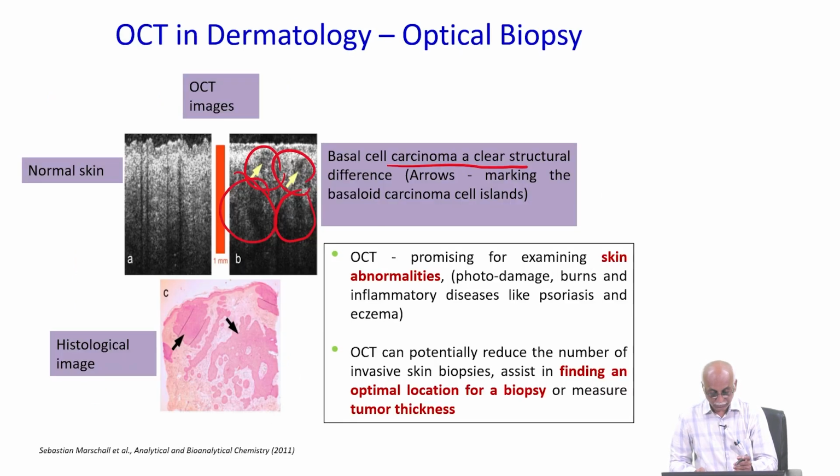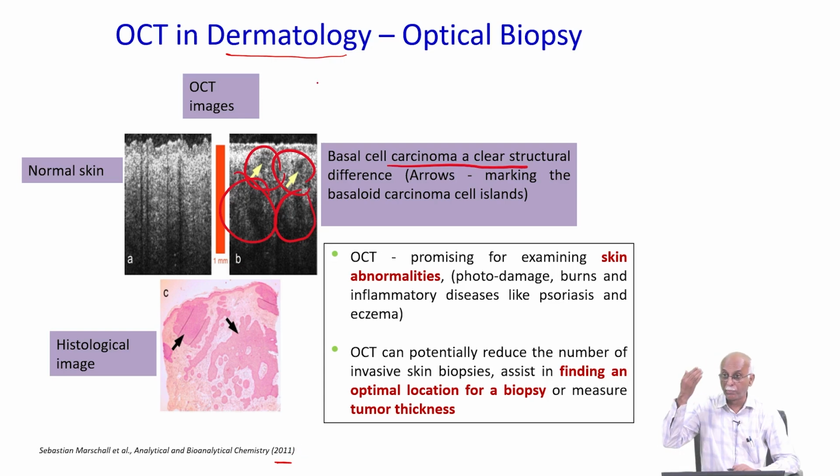Now, it is also useful for dermatology. There was another application in 2000 or so. Of course, this paper is a little later, 2011, but this is an advanced application.